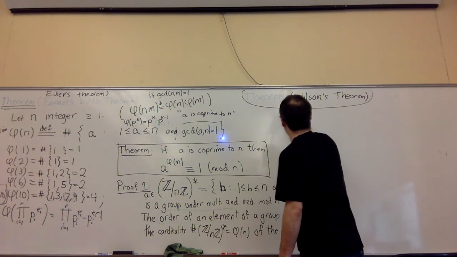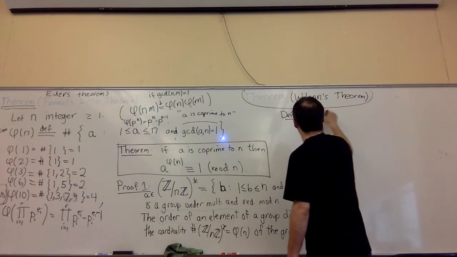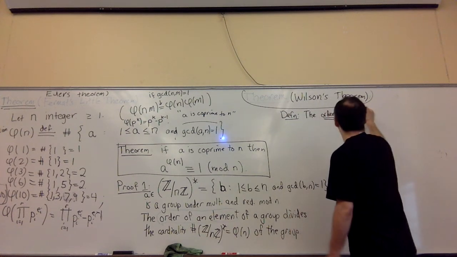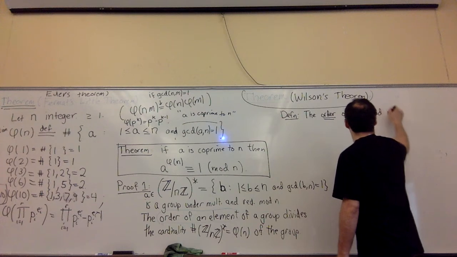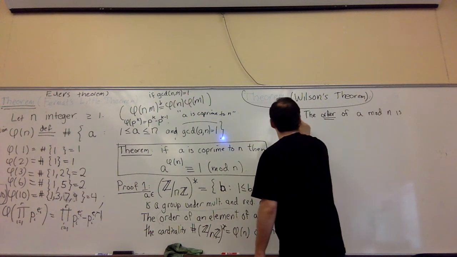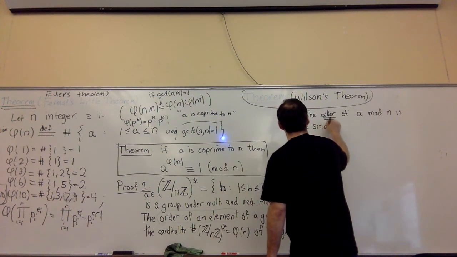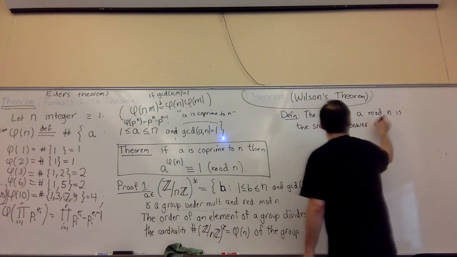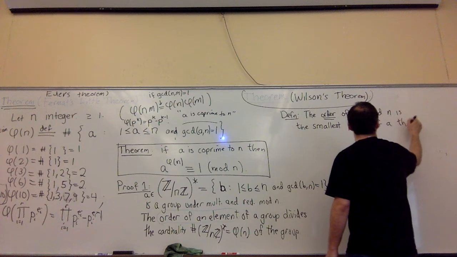Definition: the order of a mod n is the smallest power of a that equals 1 mod n.